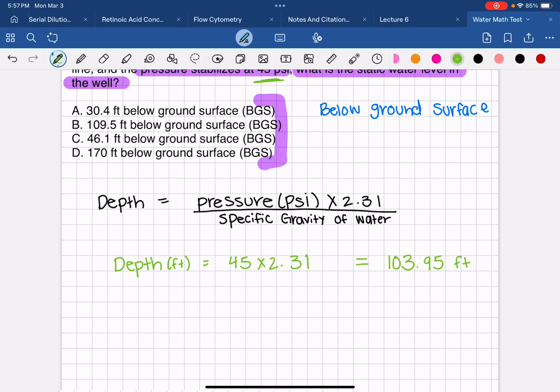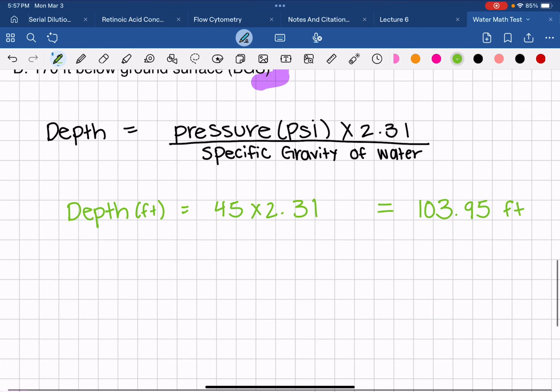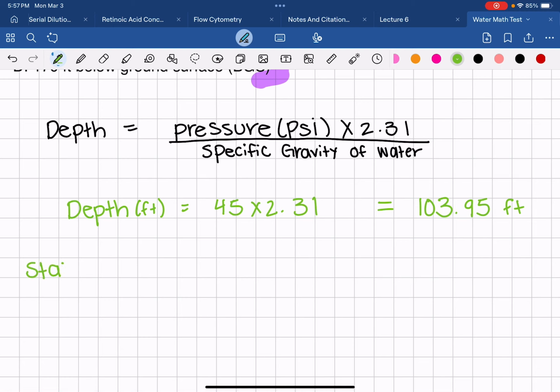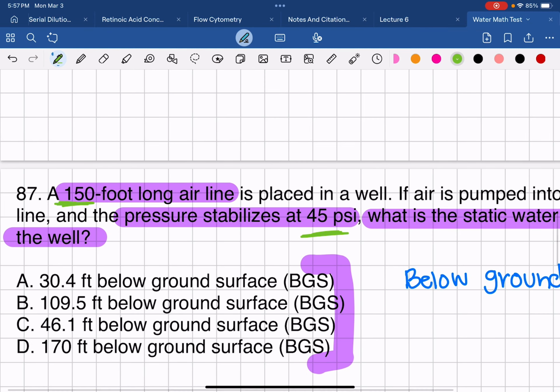Now, since the total length of my airline is 150, so now I'm looking at my length. Since my total length is 150, that means the equation for my static water level is going to be static water level is going to be 150, so the 150-foot long airline, right?